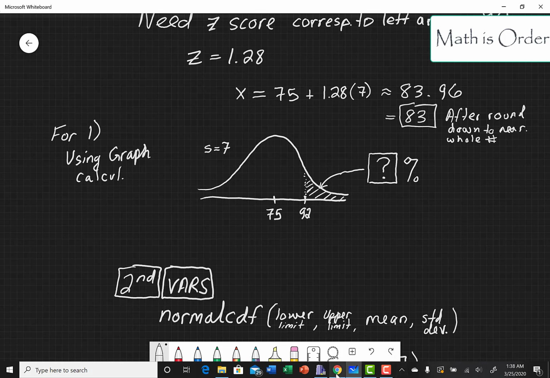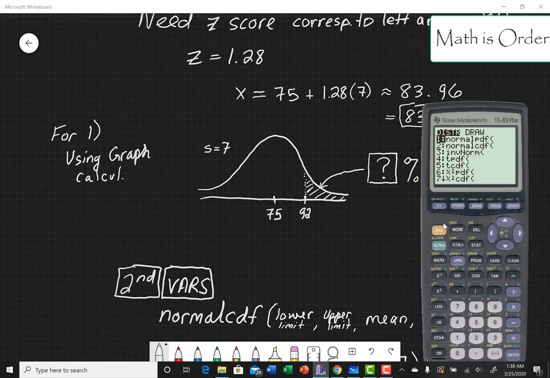All right, so here we go, normal CDF. I looked it up, I think normal CDF means normal cumulative density function or something like that, right? Anyway, let's go ahead and enter. We got to put our lower limit here.